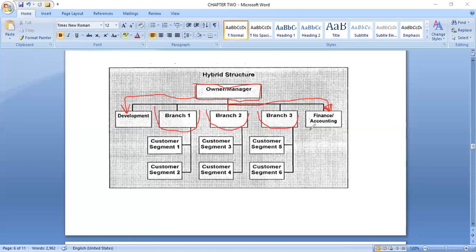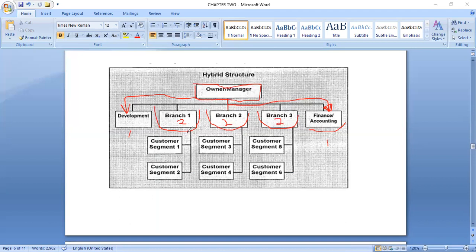So it is a combination of the functional organization structure here, which I can call 1-1, and it is also a combination of the geographical organization structure, which is under the divisional organization structure, right?